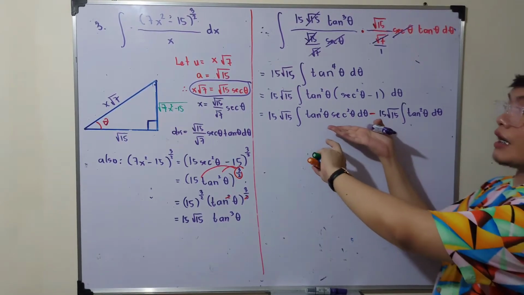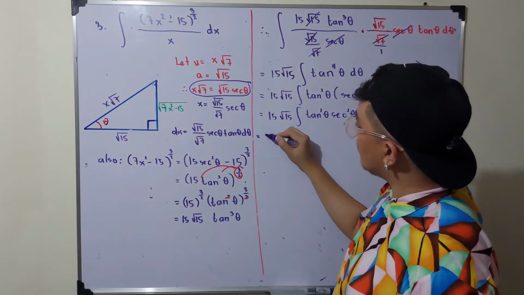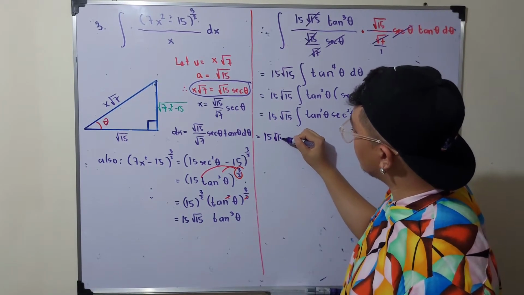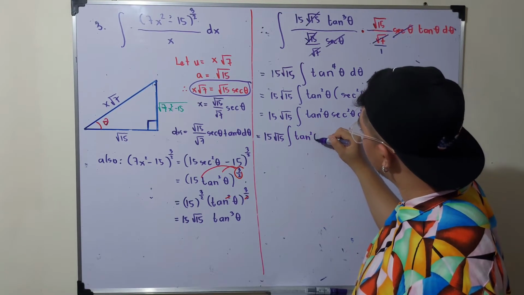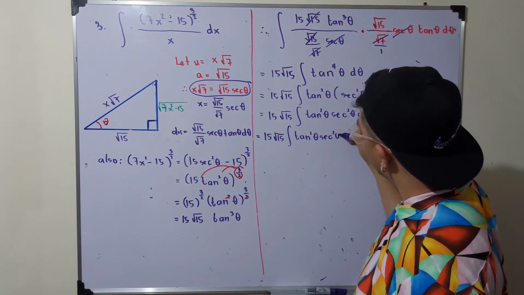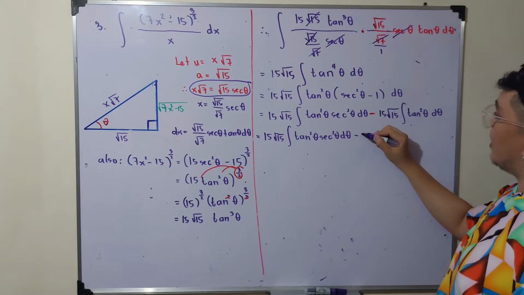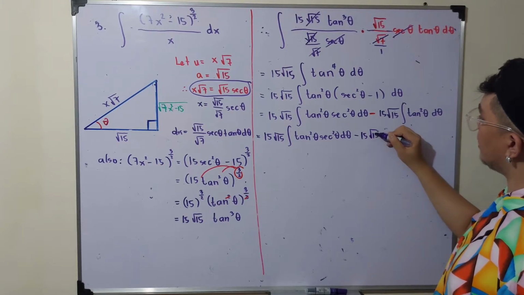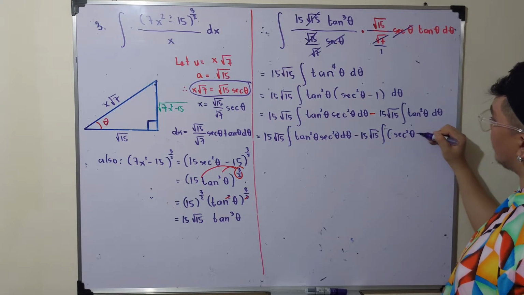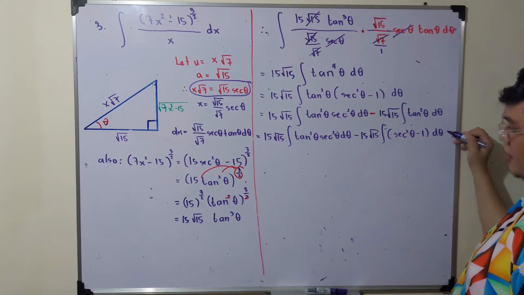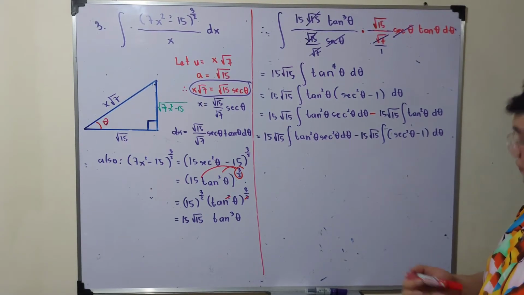Ayan. So, ito, integrable na yan using power formula, pero ito, hindi pa. So, we're just going to finish it. Apply what we applied there. So, minus 15 square root of 15 times the integral of the quantity secant squared theta minus 1. Ayan. So, ito na naman ay distributive.